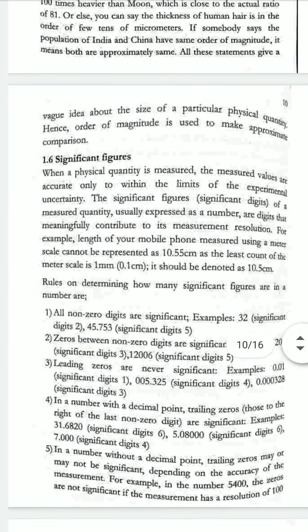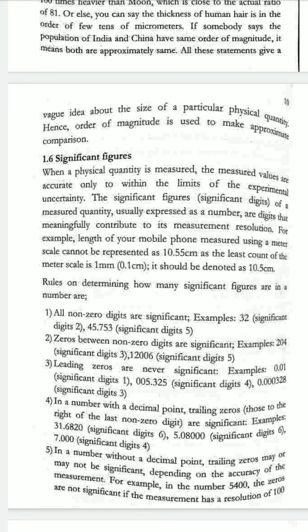Actually, it should be 0.01 centimeter, that is 0.1 millimeter. The least count is 0.1 millimeter, which means 0.01 centimeter. That is the least count for that measurement.